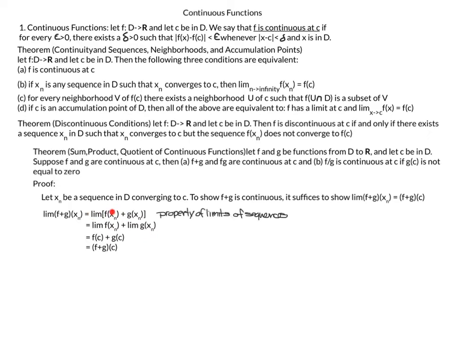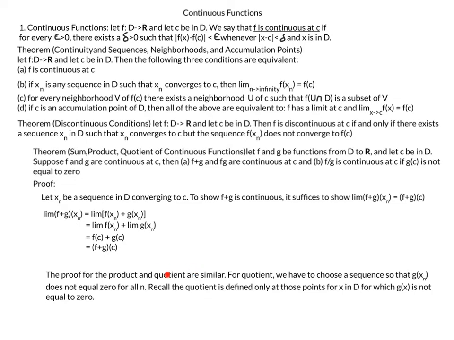Continuing, we get the limit of f(x_n) plus the limit of g(x_n). And then because f is continuous and g is continuous, the limit here is f(c) plus g(c), which is equal to (f plus g)(c).